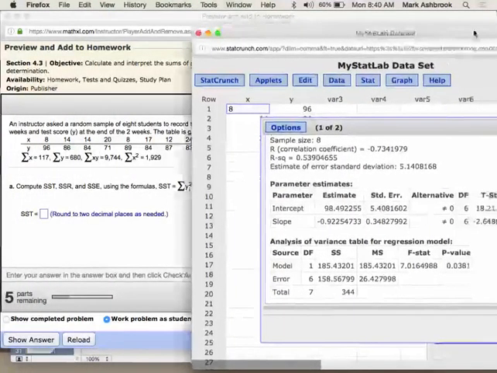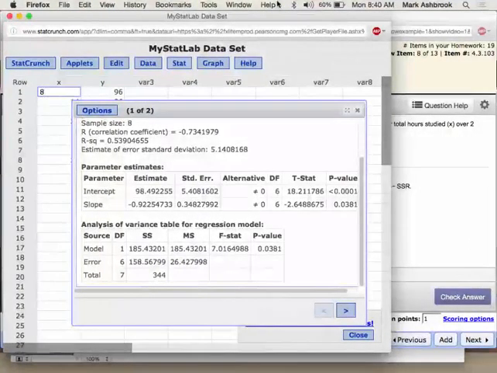185.43. What is the SST? 244. Okay, so you're answering on your sheet, right? So I'm not going to tell you if you're right or not. You can discuss with yourselves. So you're answering on your sheet.